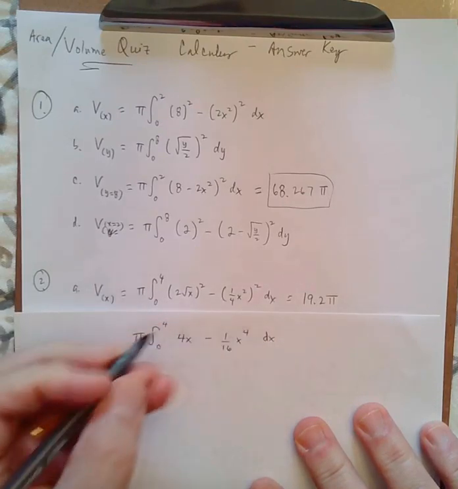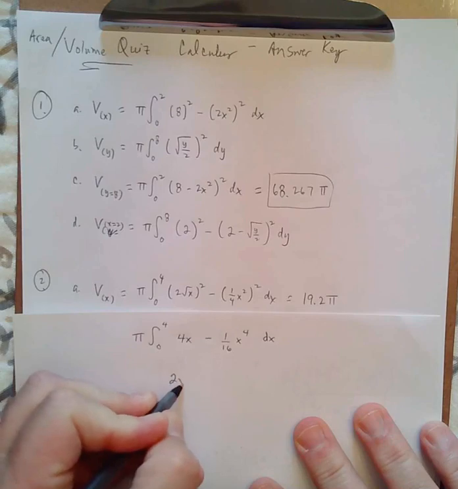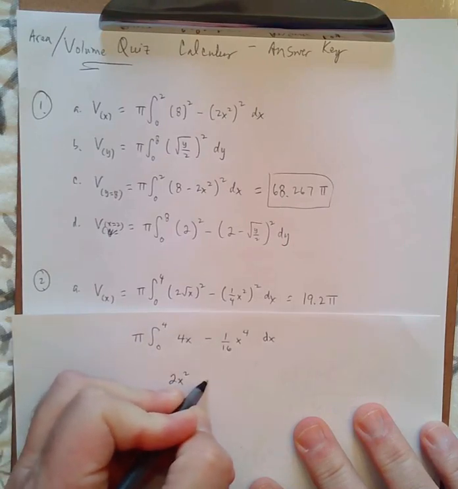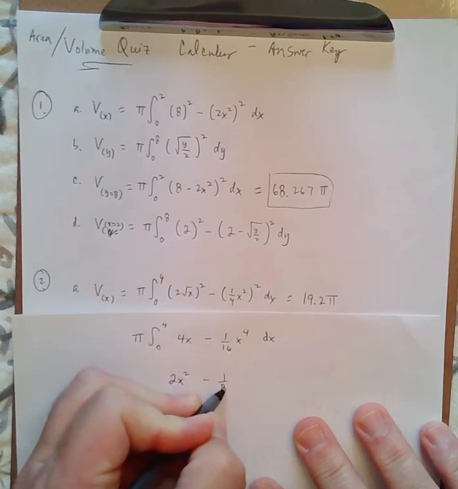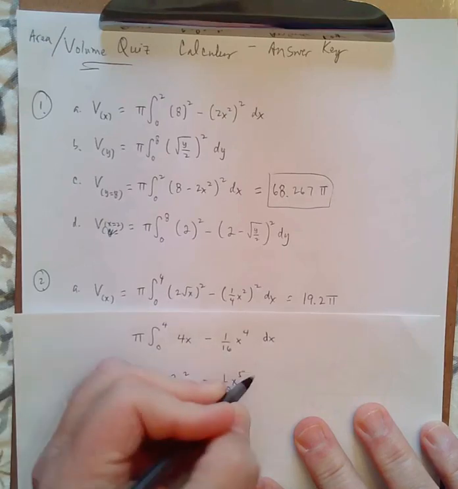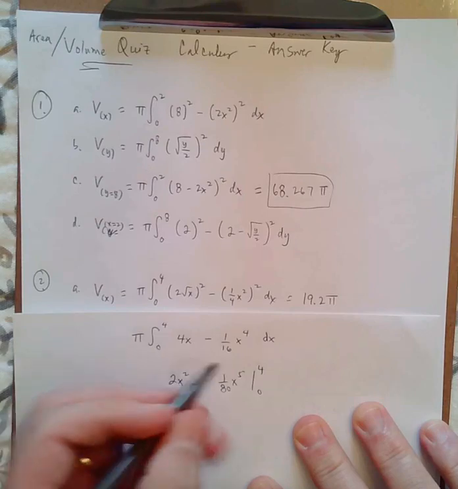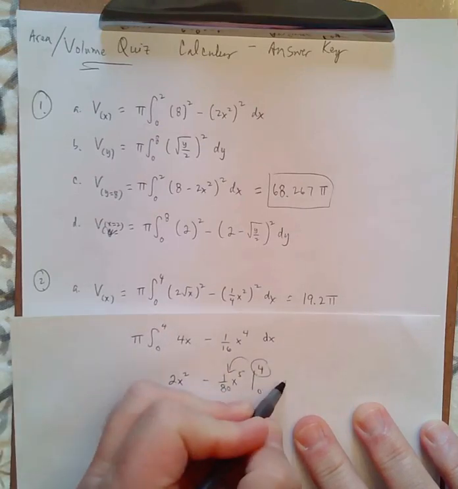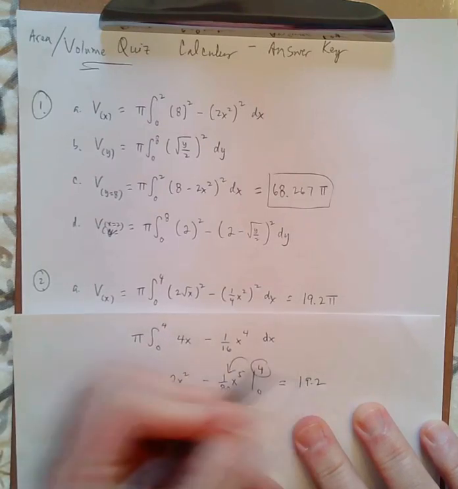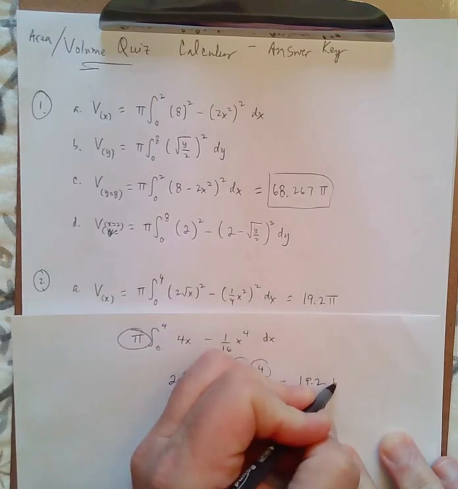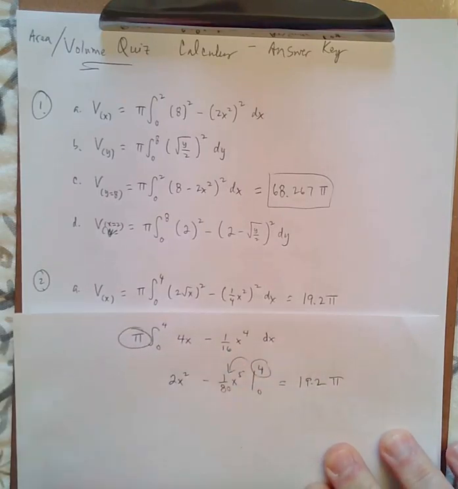And then if I antiderive that, it's 2x squared minus 1 over 80 x to the 5th from 0 to 4. And then if you put that into the calculator, you would get 19.2, and then don't forget the pi. Okay?